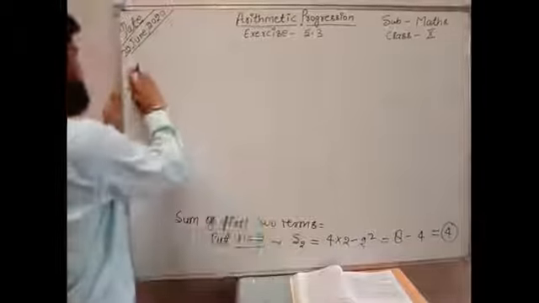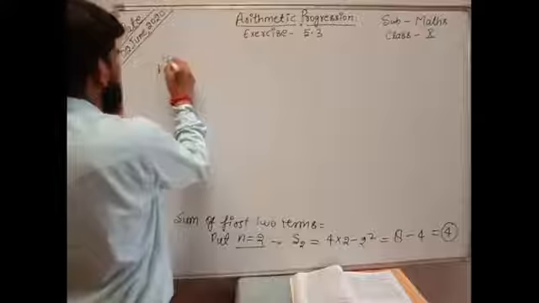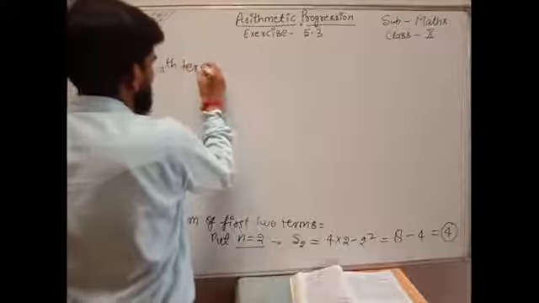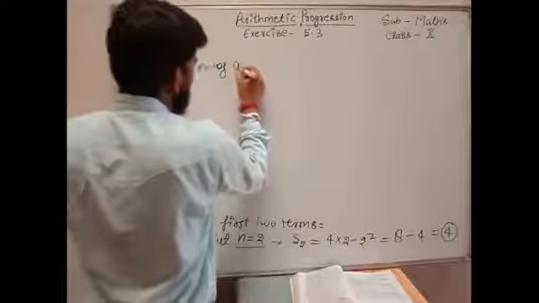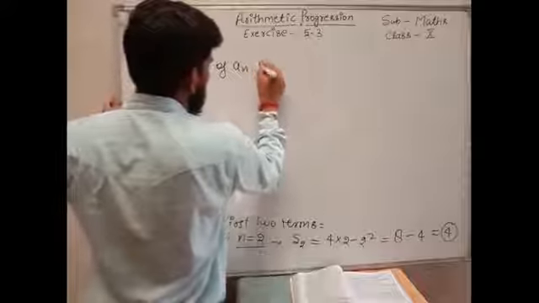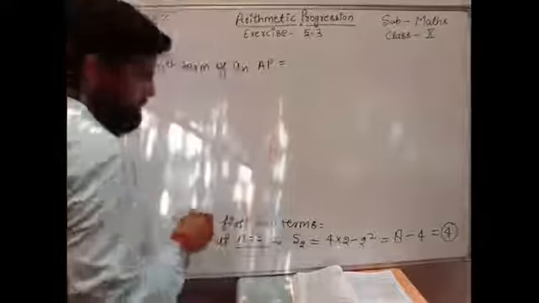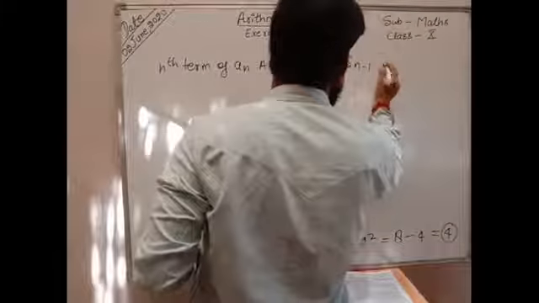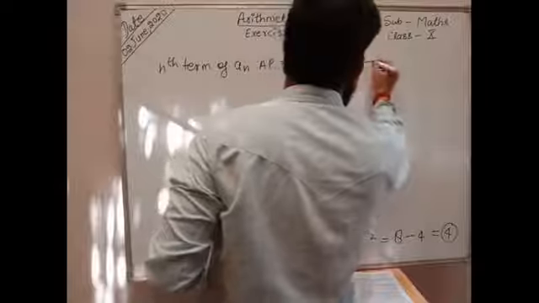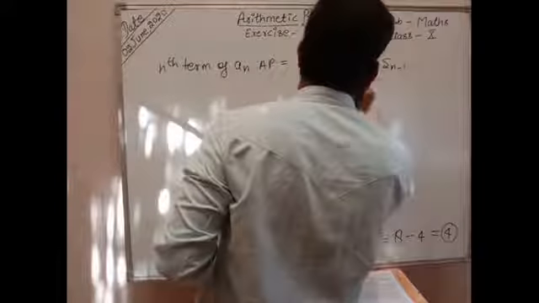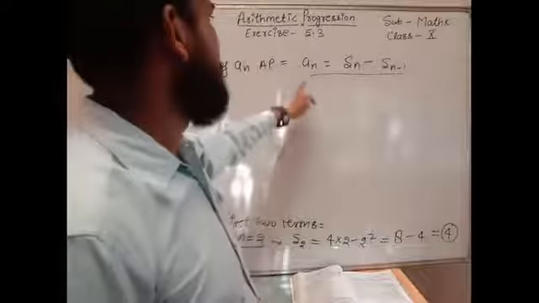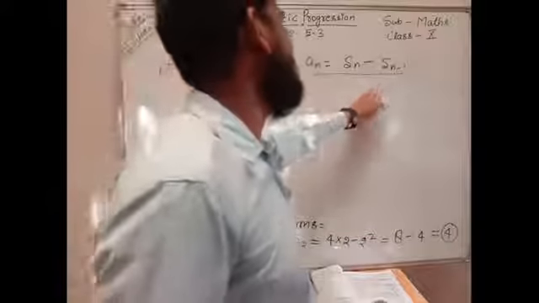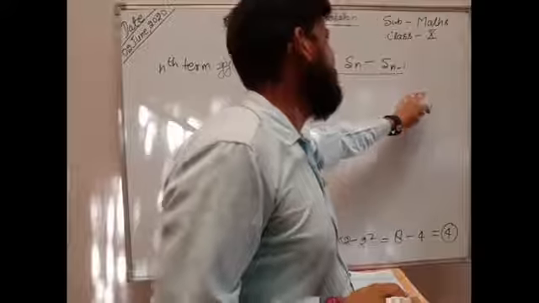Now the nth term of an AP is also defined. An is equal to Sn minus Sn minus 1. Okay, so we can also calculate An with the help of Sn minus 1.